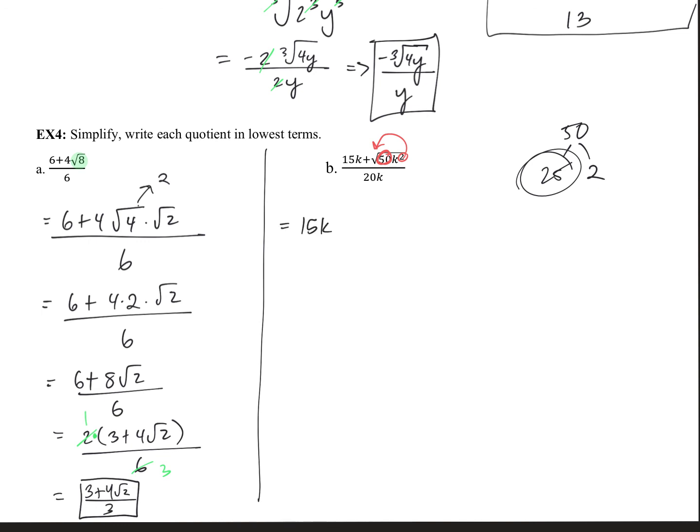Game plan. 15k plus, and I'm going to go ahead and separate it into the perfect and then imperfect values. 50 is 25 times 2, so I'll go ahead and write the perfects in here and the imperfects there. And then k squared, well, that's already perfect. That'll be k squared. So it looks like just the root 2 is by itself in the radical that can't simplify.